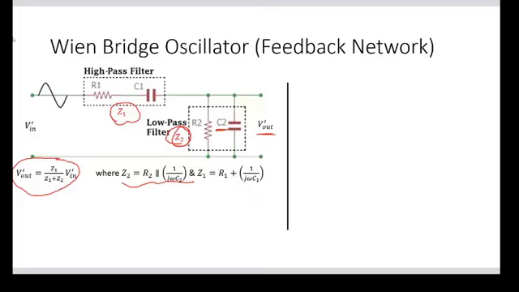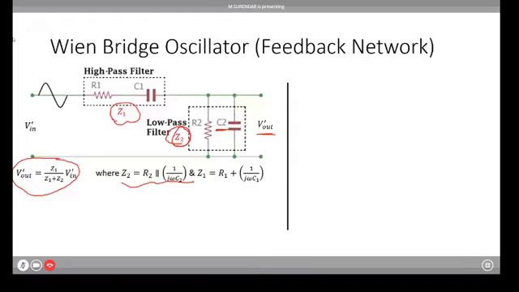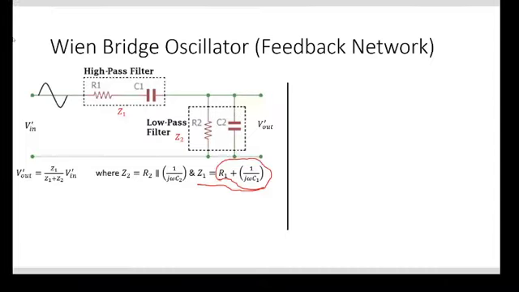That is the reactance. So Z2 is equal to R2 parallel with 1/(j omega C2). And Z1 means R1 is in series with C1, so I'm directly adding the resistance R1 and the reactance 1/(j omega C1). This gives the impedance Z1.